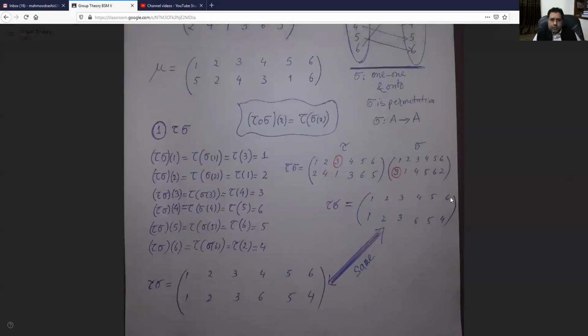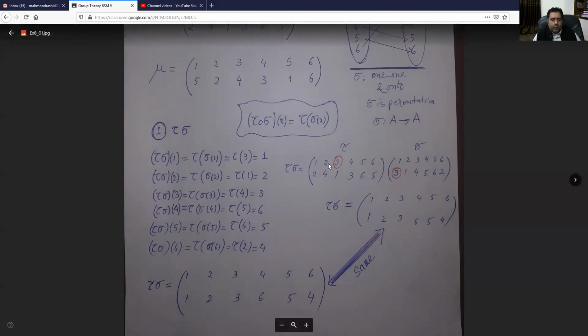For this 6, I want to see what is the image. At the moment, we see a blank box here, and we compute this entry in the box. 6 goes to 2 under sigma, and 2 goes to 4 under tau. So finally, 6 will go to 4 after this composition.